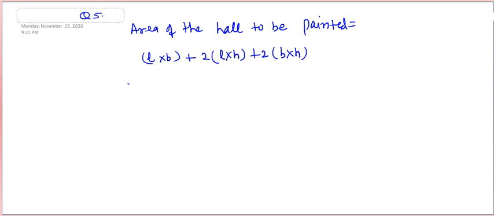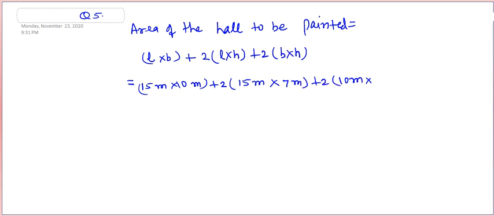So it is equal to length into breadth, that means 15 meter into 10 meter plus 2, then L into H, so that is simply 15 meter into 7 meter plus twice of B into H, it is 10 meter into 7 meter.